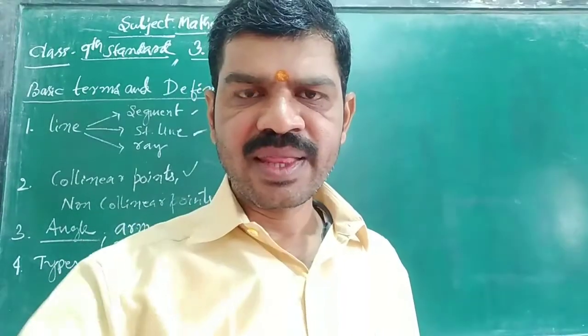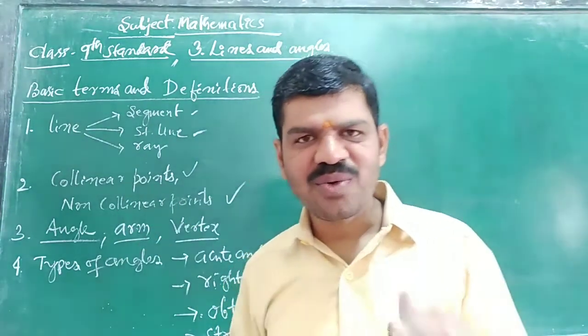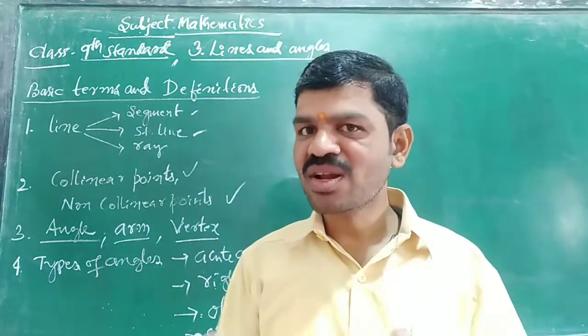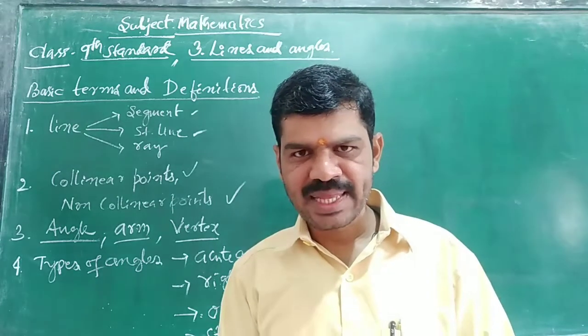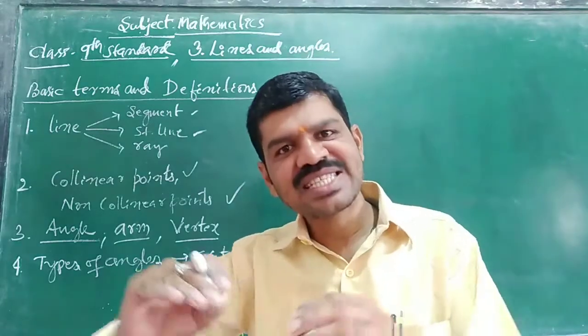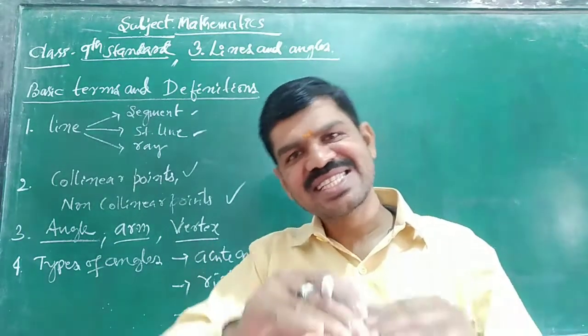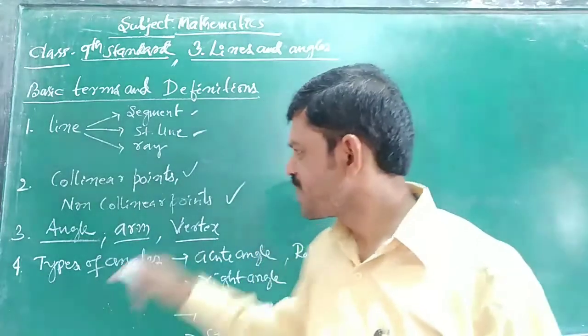Okay? Yes, dear students, you have understood what are collinear points and what are non-collinear points. Collinear points are the points which lie in the same straight line, which exist in the same straight line. Okay?